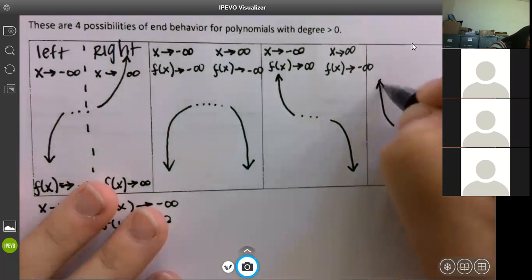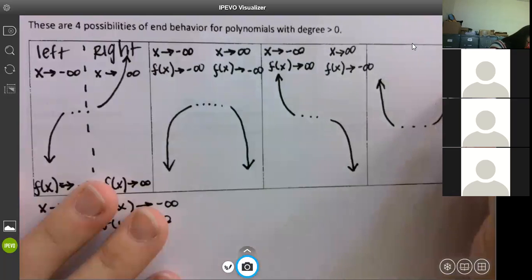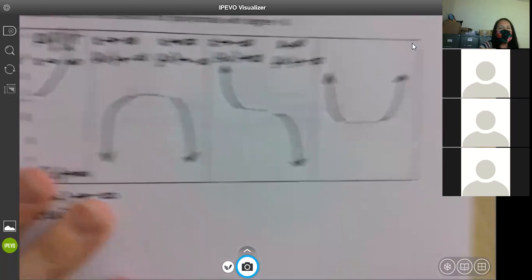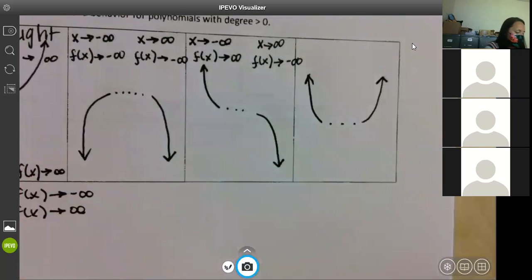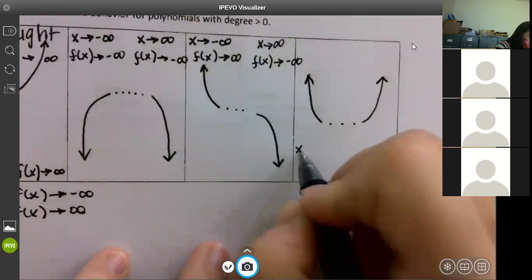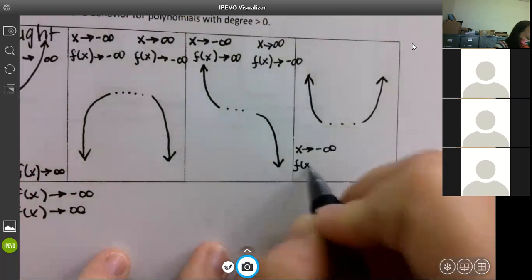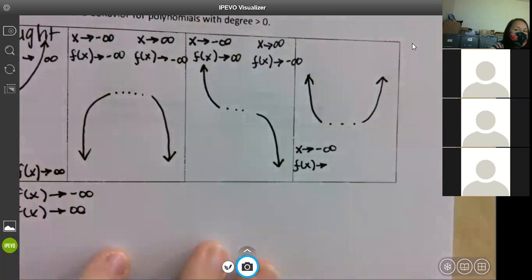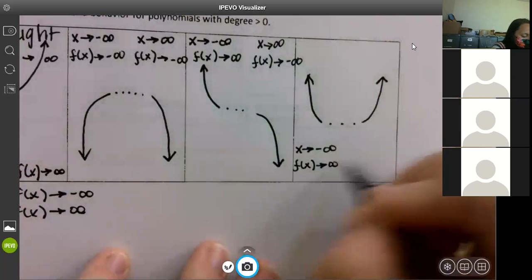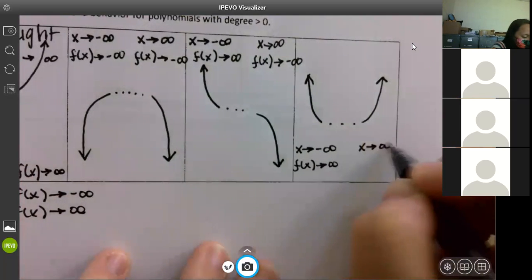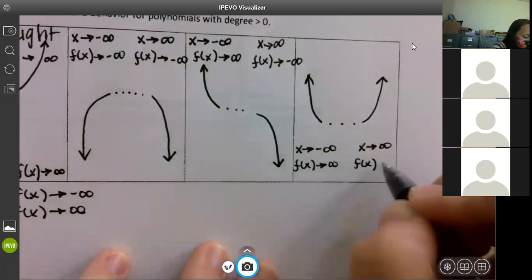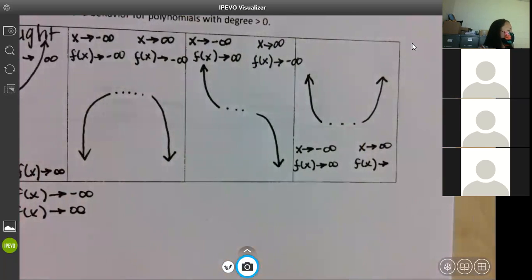The last one that we could have would point up on this side and point up on the other side. To represent the left, x goes to negative infinity. Where does this left side point? Positive infinity. To represent the right, x goes to positive infinity.